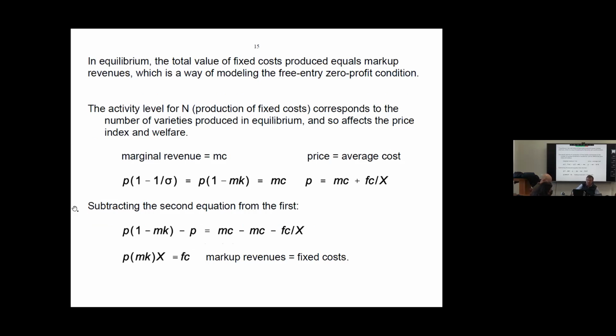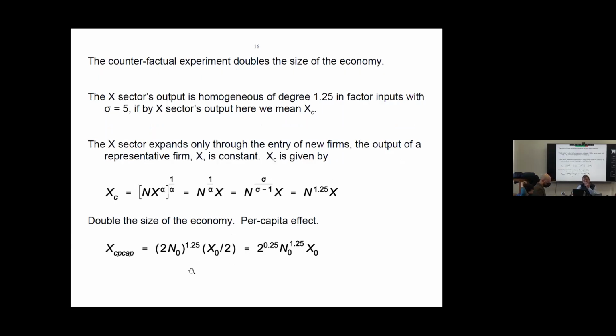The formula for this slide is kind of in the wrong place. Just to show you that the free entry assumption can be written as price equals average cost, but a slightly simpler formulation is to just say markup revenues equal fixed costs, which is the assumption I use in the model. Okay.